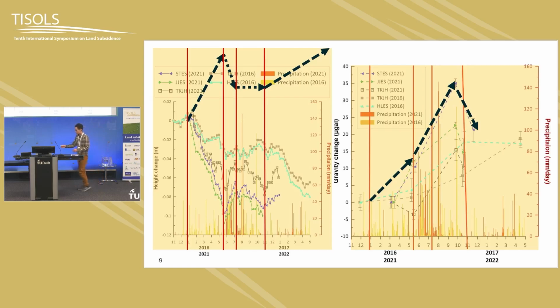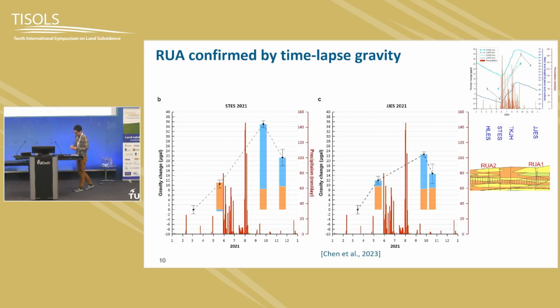It means that it's not just a confined aquifer here. It should be some unconfined aquifer that we may use for looking for the potential recharge lake. So by the formula we talked about previously, we can separate your gravity changes here. So we look at the site, STES, right here.